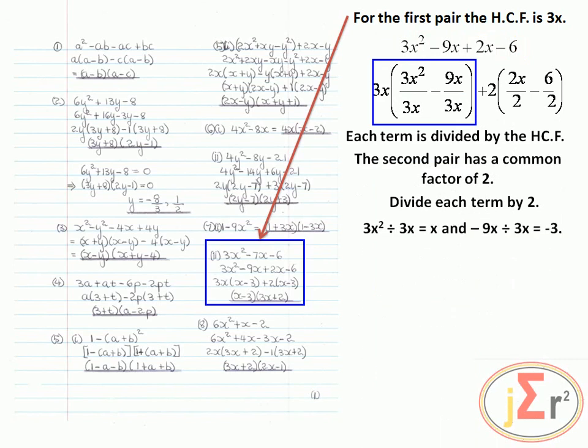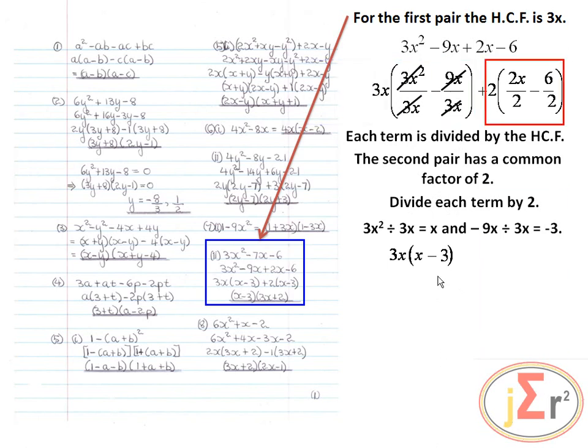Divide each term by the highest common factor. 3x squared divided by 3x is equal to x, and negative 9x divided by 3x is equal to a negative 3. And the other one, a negative 3. Then that one is a bit simpler. Cancel these twos. X. 2 into 6 is 3. Very quickly. There is no difficulty.